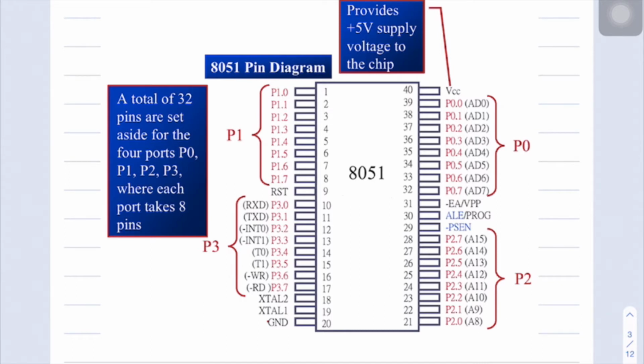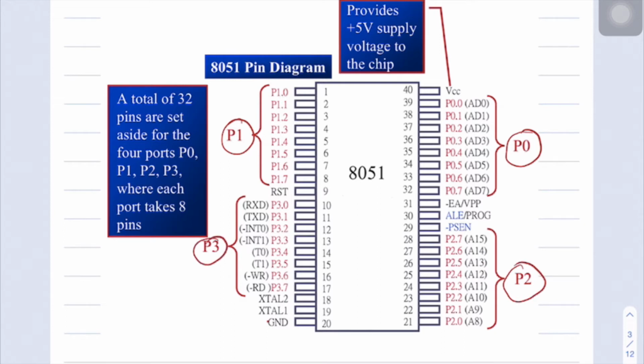We know that 8051 is a 40 pin IC. So if you look at these 40 pins, we have 4 ports here. The 4 ports are P0, P1, P2 and P3.